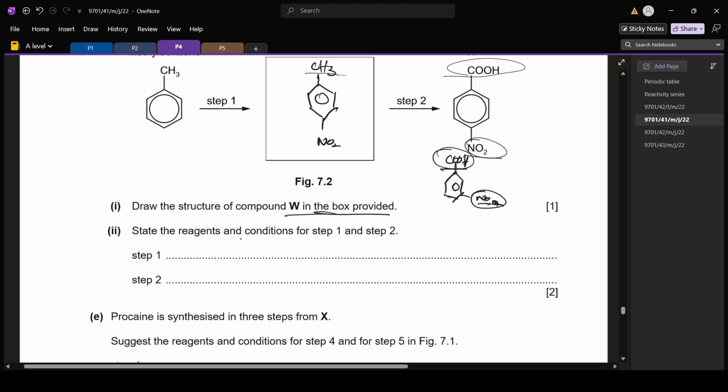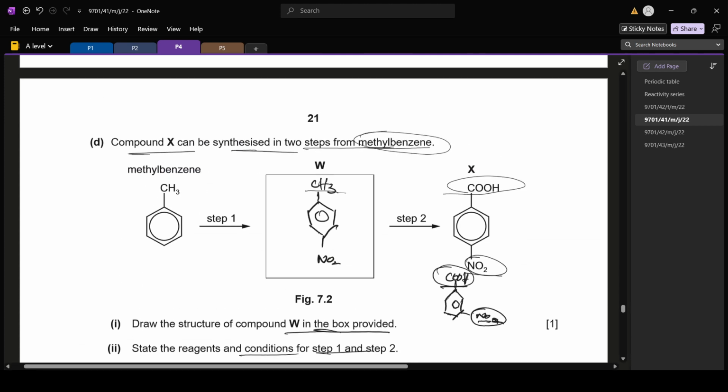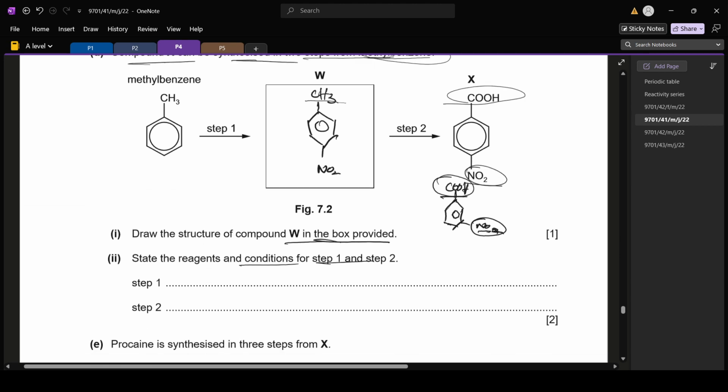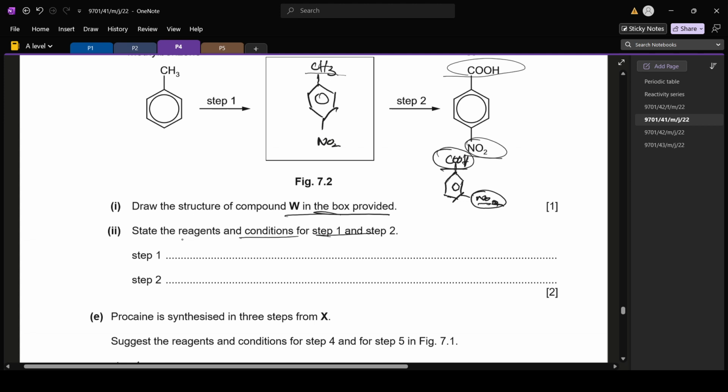State the reagents and conditions for step 1 and step 2. In step 1 there is a nitration of alkyl benzene. For the nitration you use concentrated nitric acid and concentrated sulfuric acid.